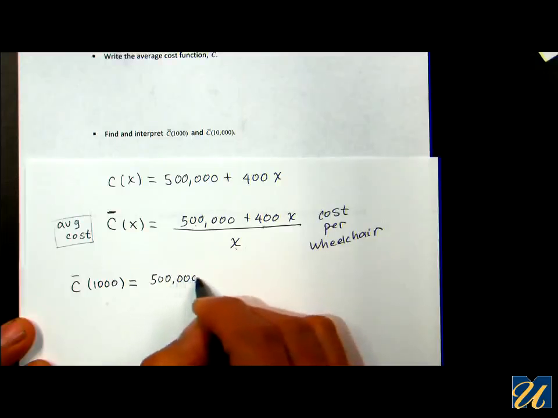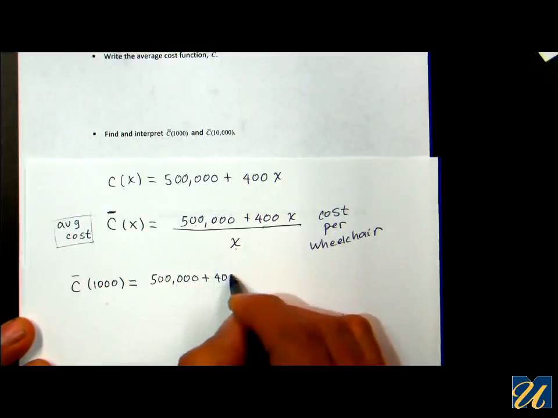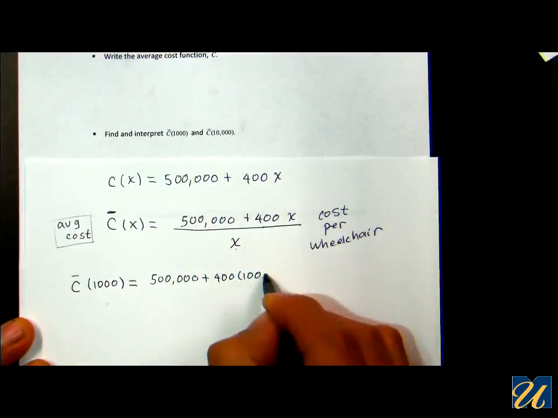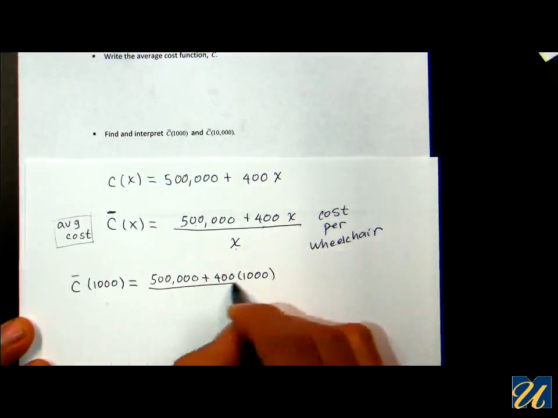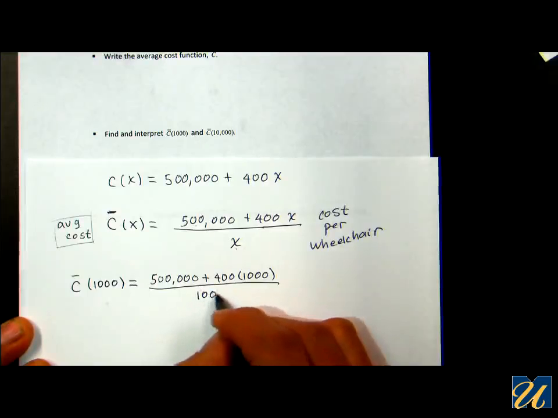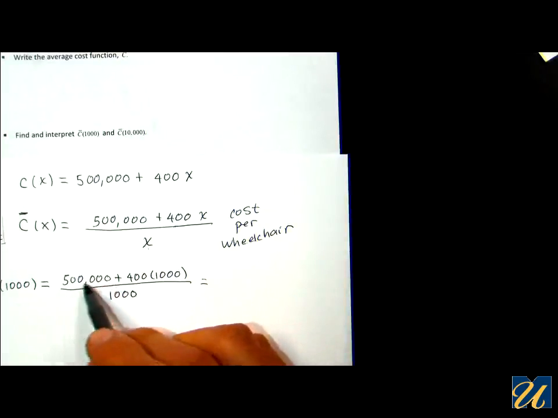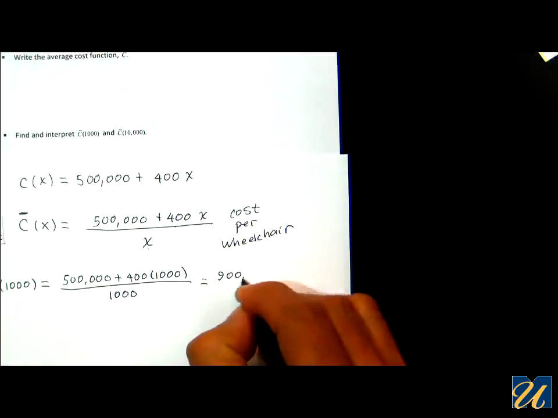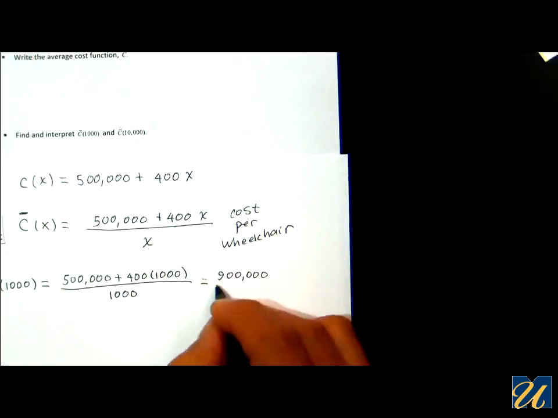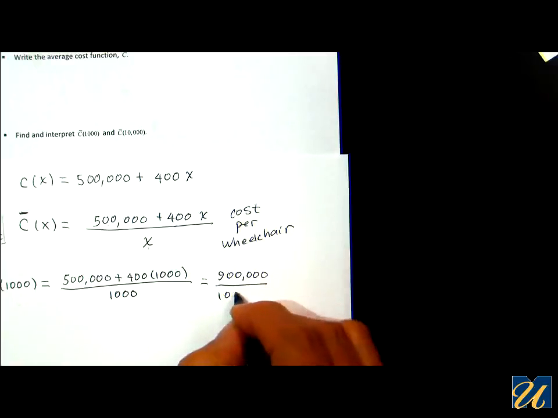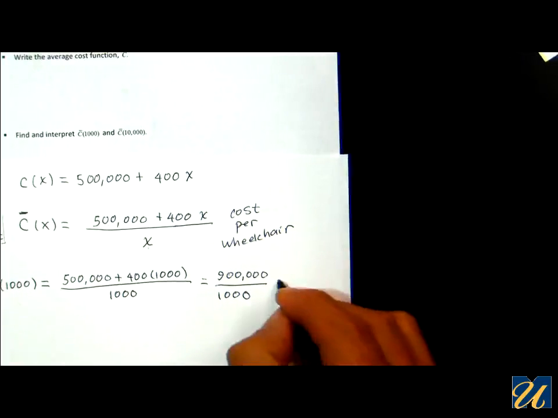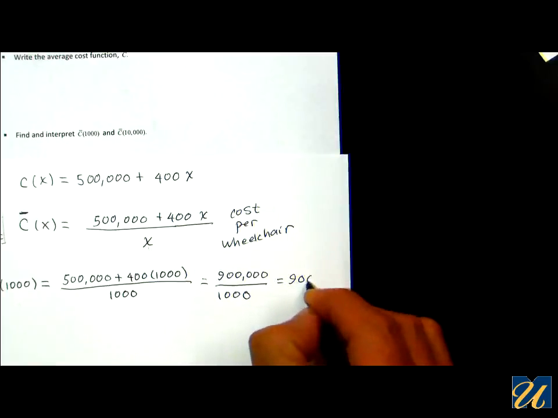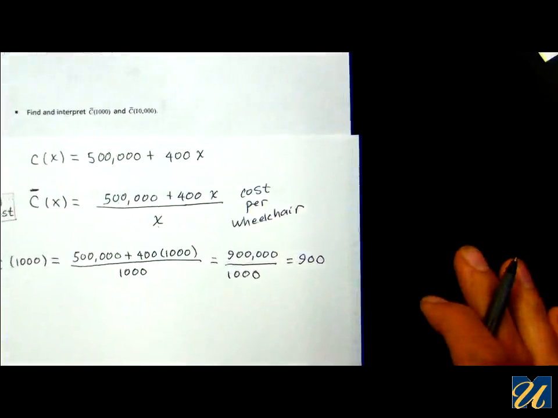So 500,000 plus 400 times 1,000, divided by 1,000. So 500,000 plus 400,000 is 900,000, divided by 1,000. So that makes 900 as the result.